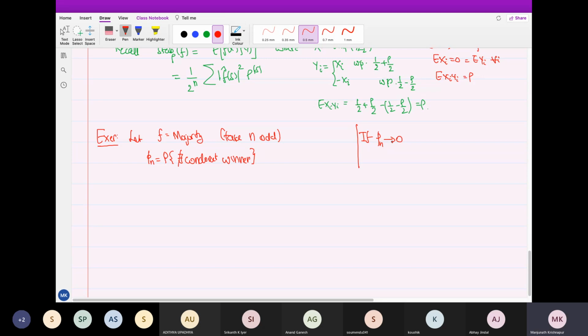You may worry about how fast it is going to 0, but if Pn were going to 0, then the conclusion is that we are happy.